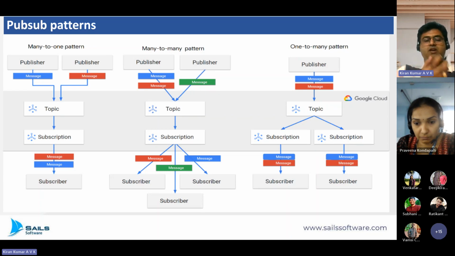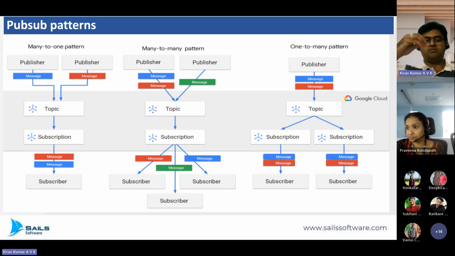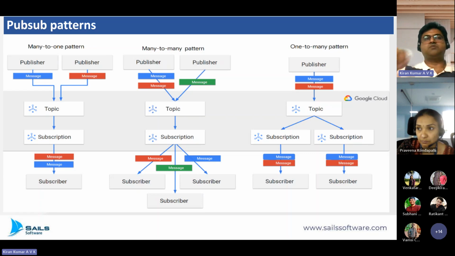When you have multiple processes, you can associate all those processes to a single subscription, so that a subset of the message stream will be sent to each processor, and they can process individually. So that is that kind of thing. Any questions?